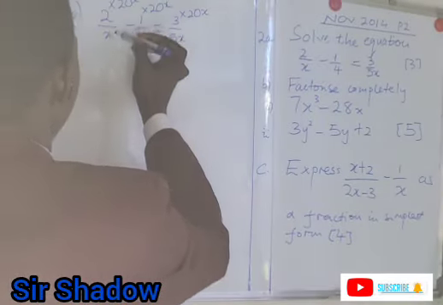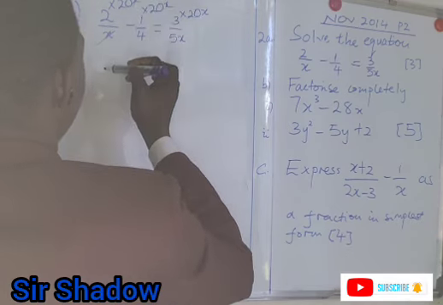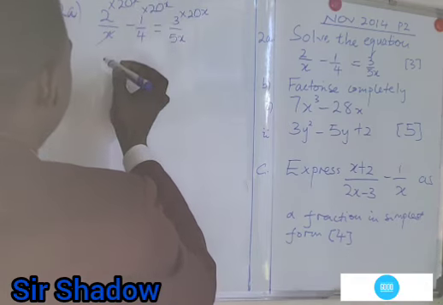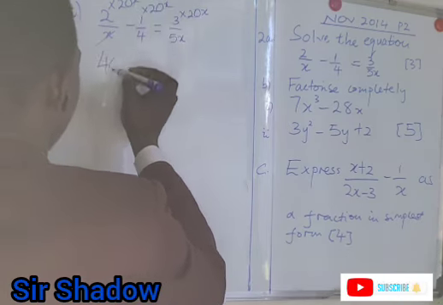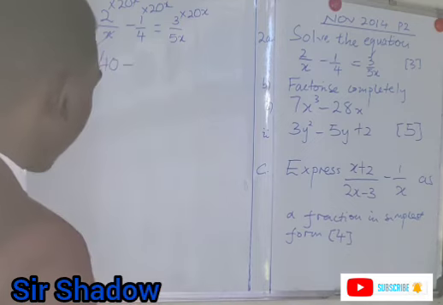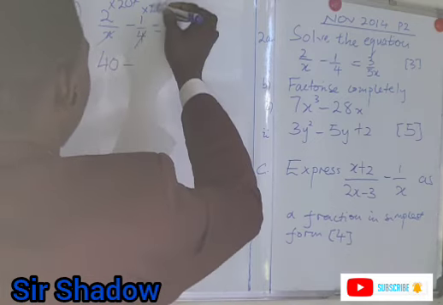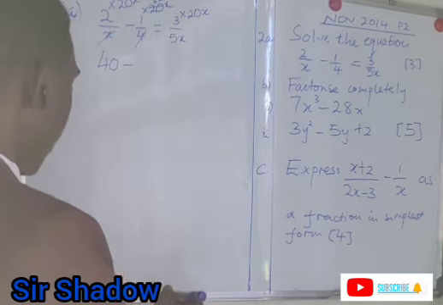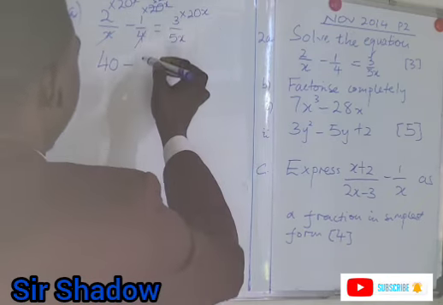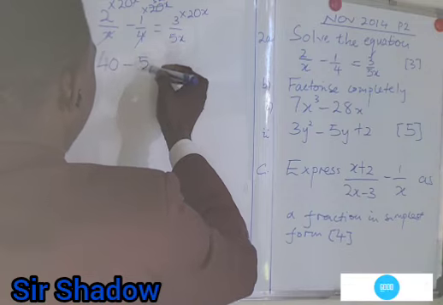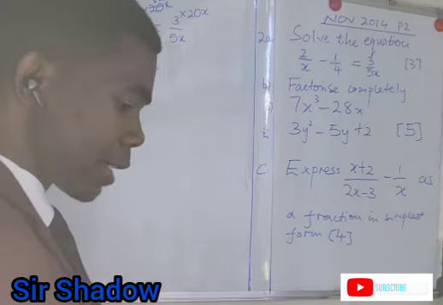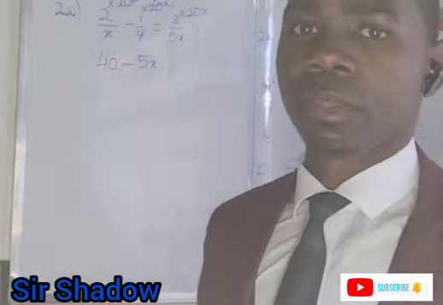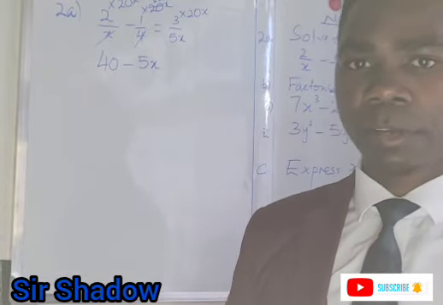So we are saying x into 20 by 2, which is 40, minus 4 into 20x, remain with 5x. So minus 5x, just because 5x times minus 1 is minus 5x.